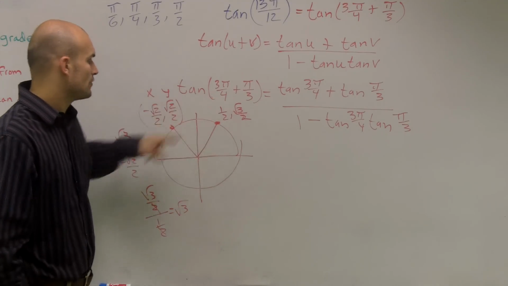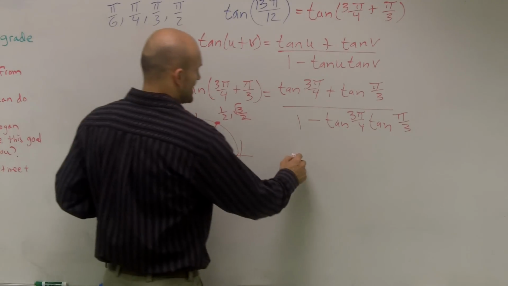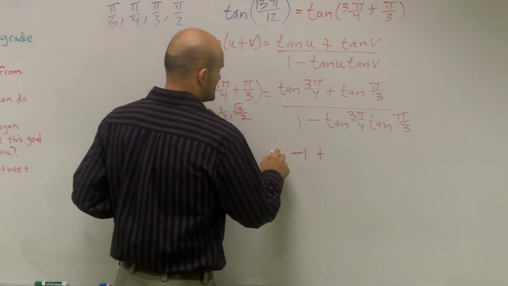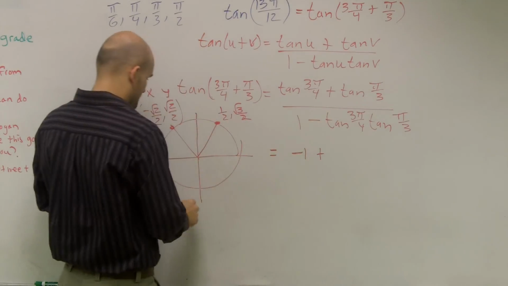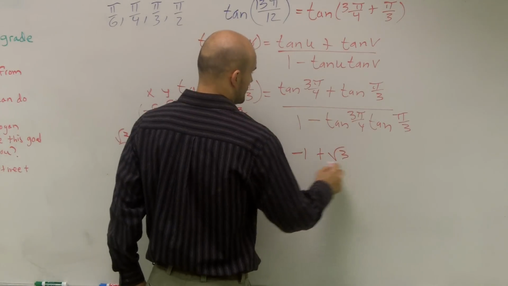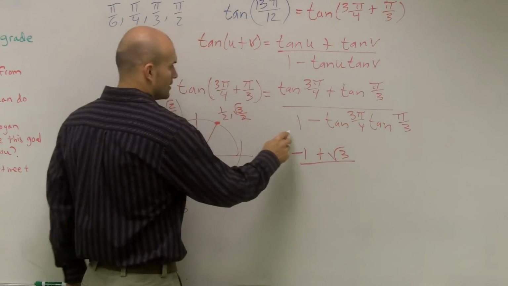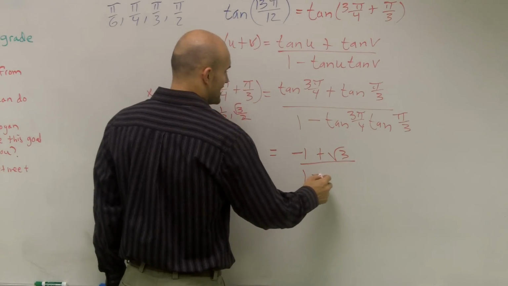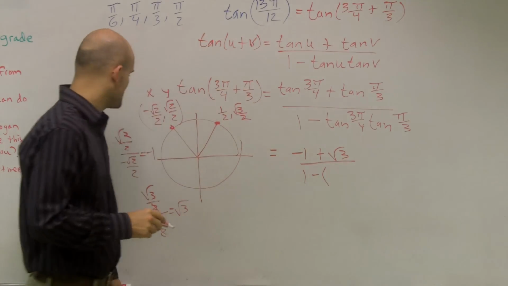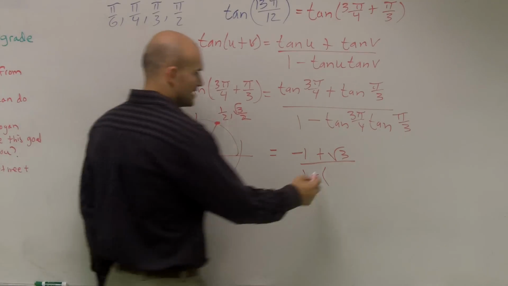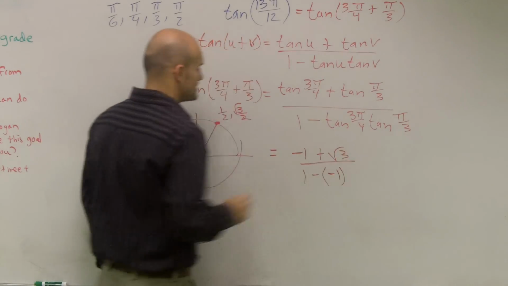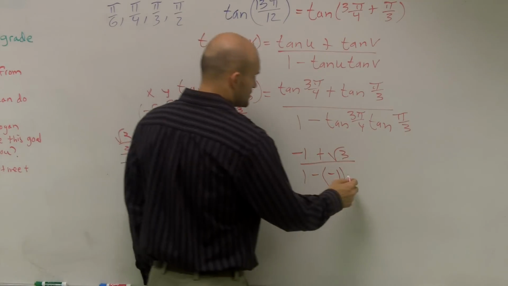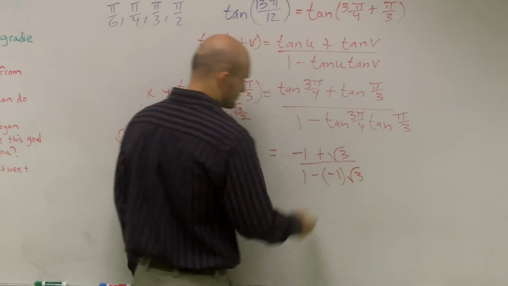So the tangent of 3 pi over 4 is negative 1 plus tangent of pi over 3, which is radical 3, all over 1 minus the tangent of 3 pi over 4, which is negative 1, times the tangent of pi over 3, which is radical 3.